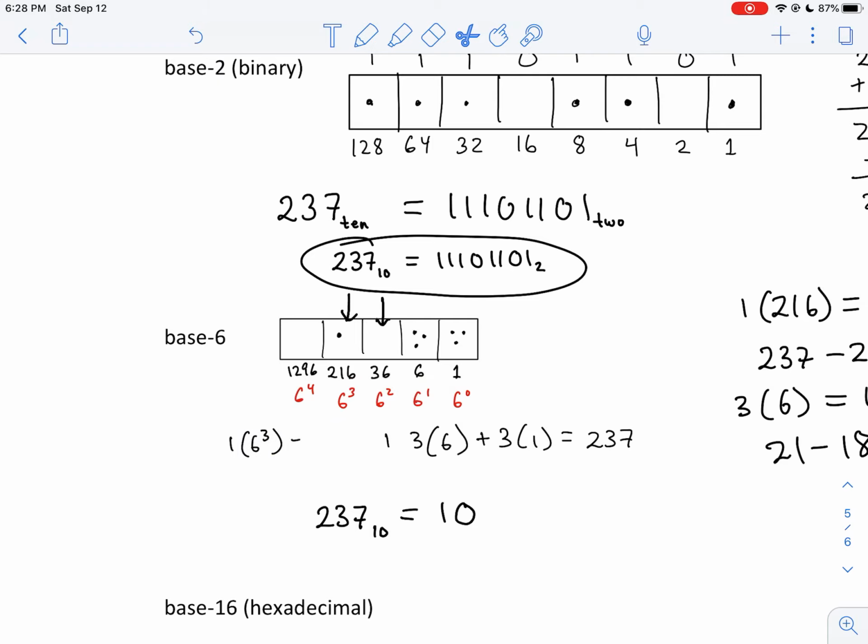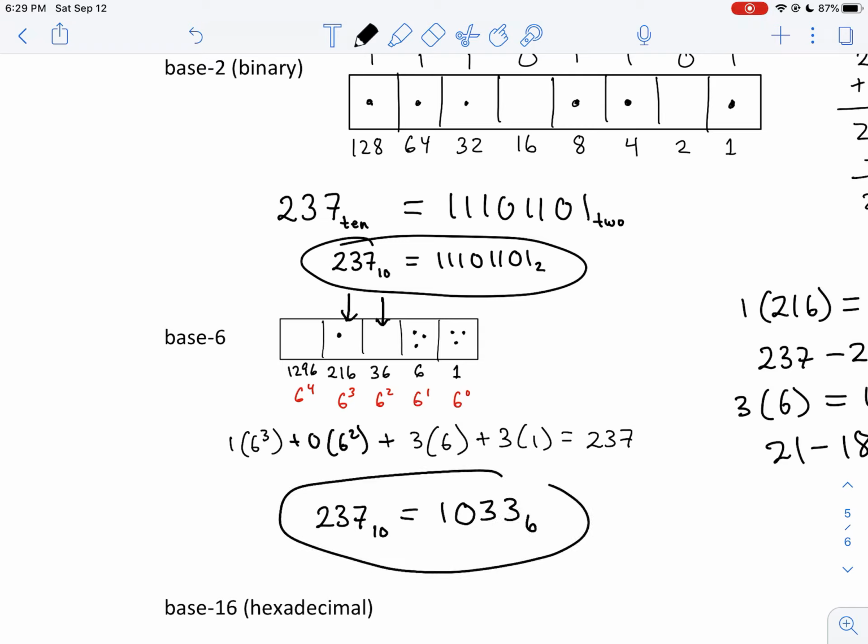That would be like insisting that you put a 0 in front of a 6 squared, just to stress that we're not skipping any powers of 6: 6 to the 0, 6 to the 1, 6 squared, 6 cubed. So it's really just the coefficients here, this 1, 0, 3, 3, that are going to become the base 6 number. So 1, 0, 3, 3, which is a base 6 number.